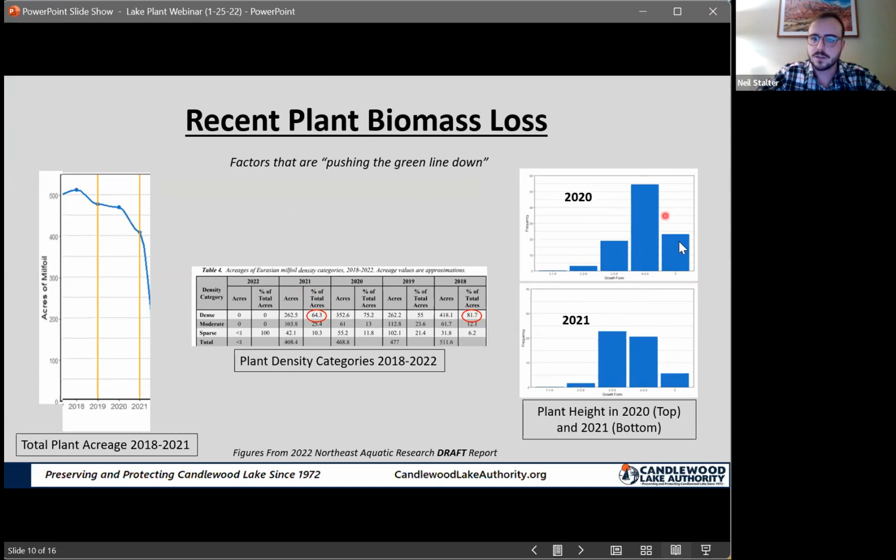So in 2020, you're pretty close to the surface over here. And then you can see this left shift on this graph in 2021. Our plants are losing some of their height. Perhaps the grass carp are eating from the top down like they do more effectively and keeping those plants at a lower height.